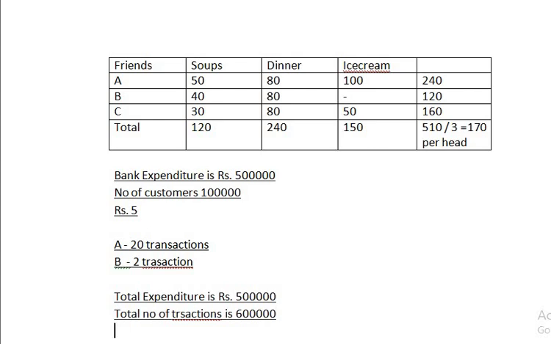Now the cost per transaction is rupees 5 lakh divided by 6 lakh transactions. So per transaction will be 83 paisa.